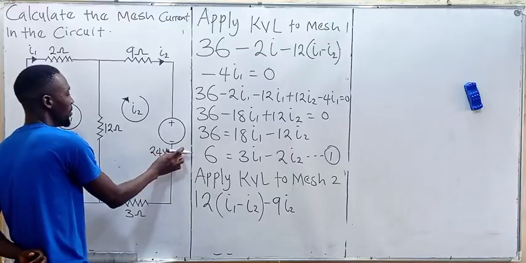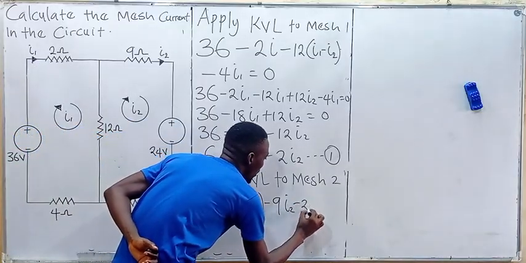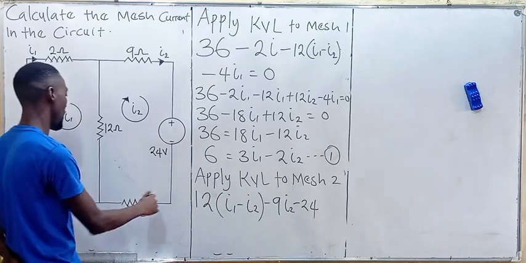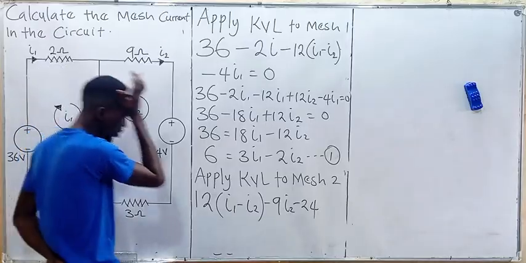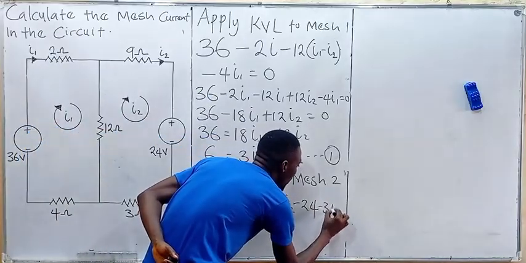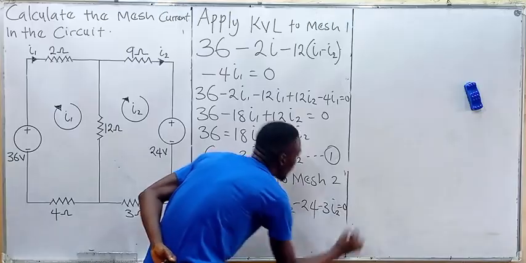We are moving from positive to negative. Minus 24. Then minus 3I2. I2 minus 3I2, everything will be equal to 0.